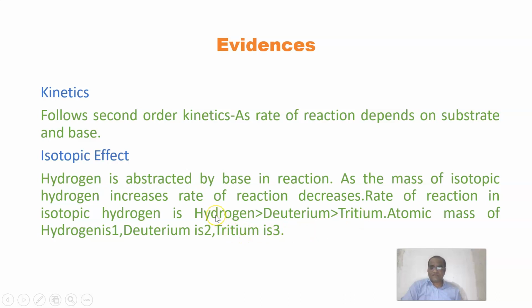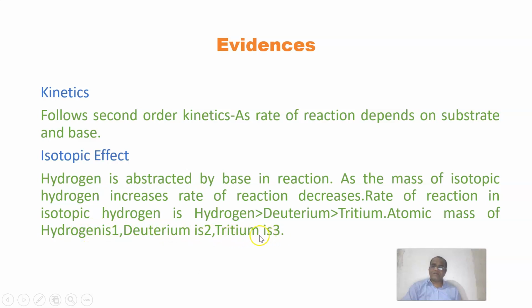So hydrogen with mass number 1 requires less energy. Deuterium with mass number 2 requires a little bit more energy, or we can say double the energy compared to hydrogen. And lastly tritium requires, we can say, triple the energy compared to hydrogen, and more energy compared to deuterium.